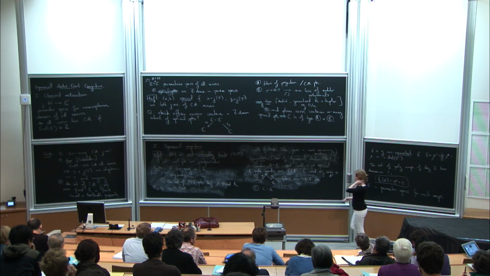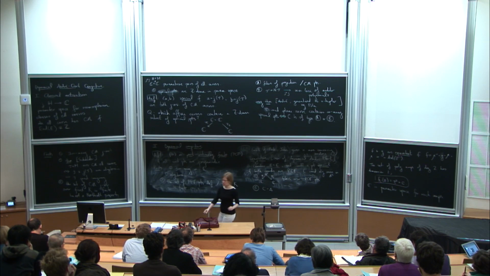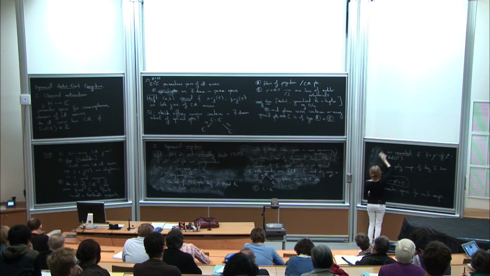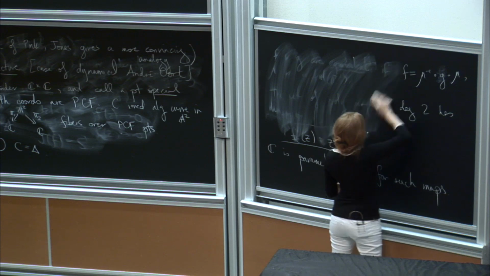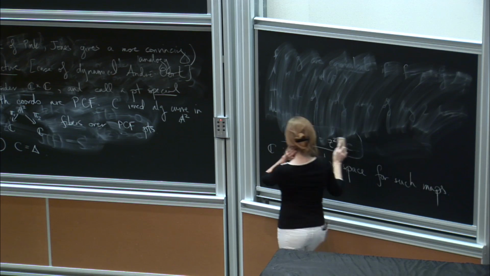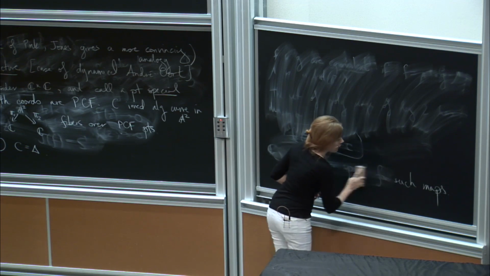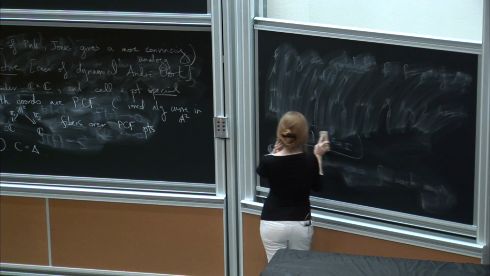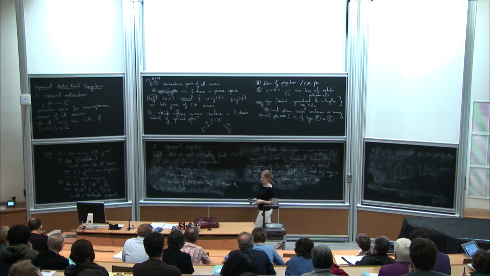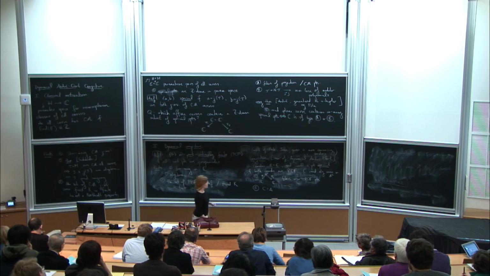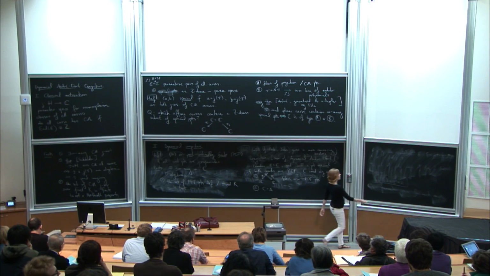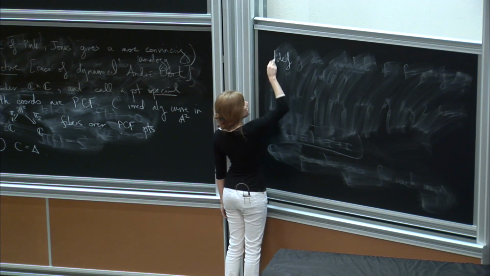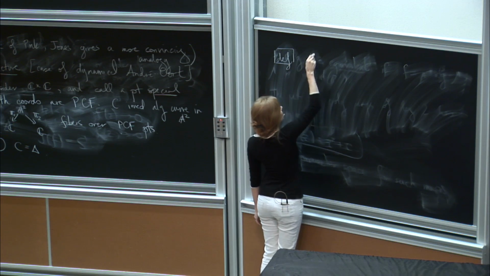So to illustrate that, let me make a comment here. The PCF parameters, their complex geometry, if you look at them in the complex plane, is also interesting. So let's make another definition here.